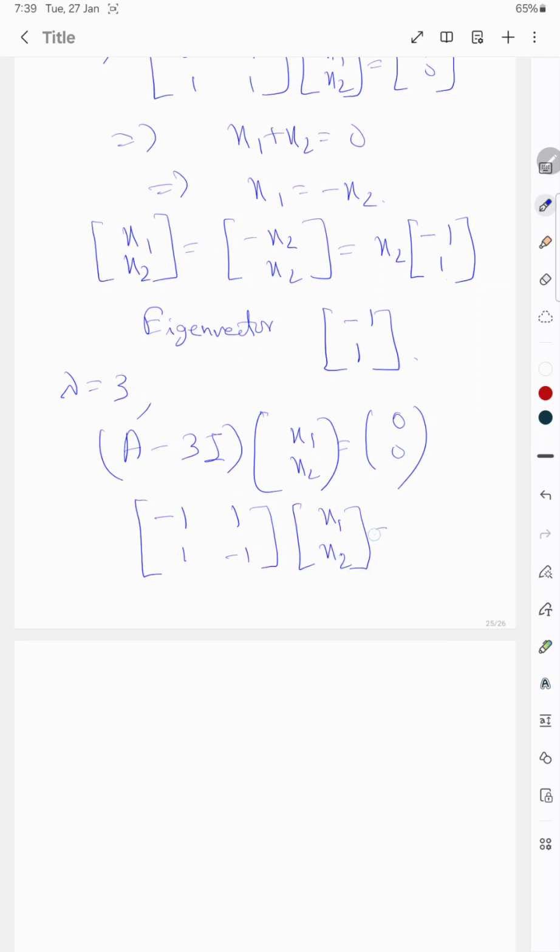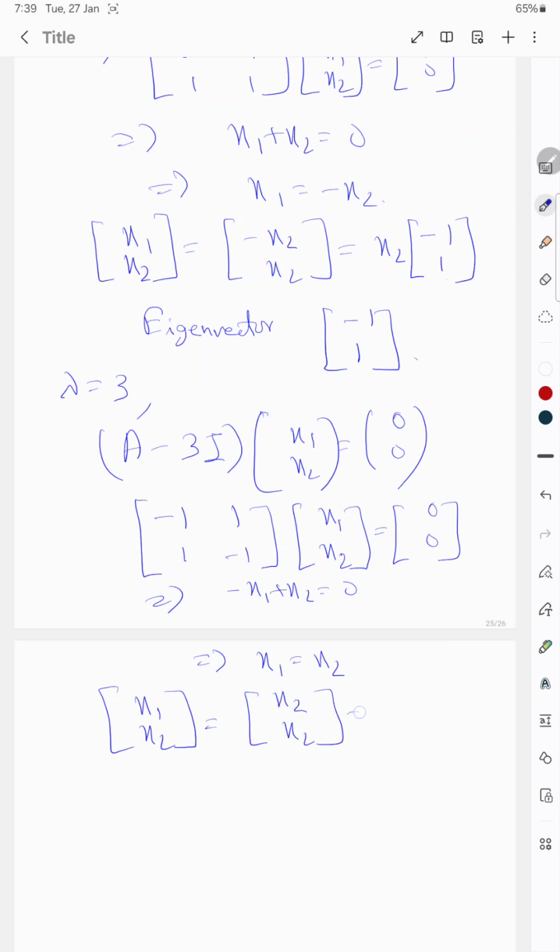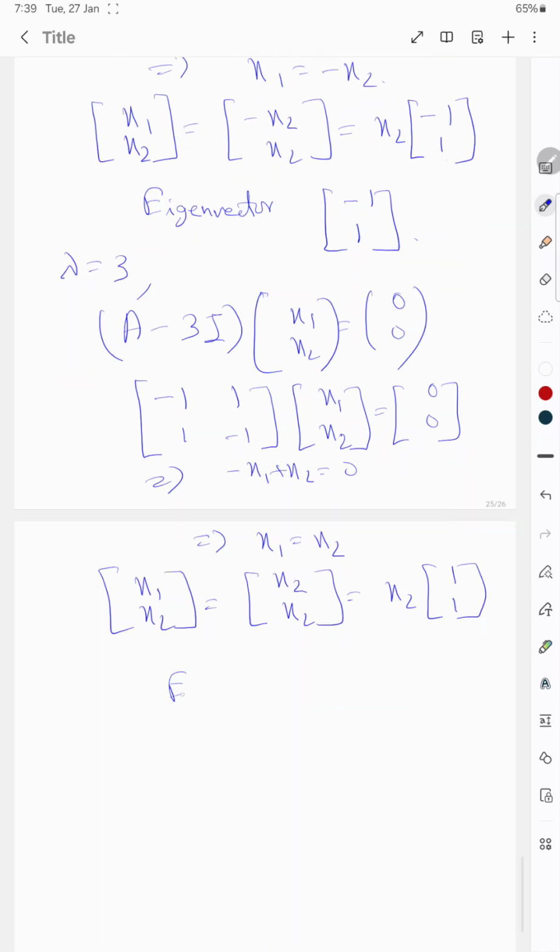Here your relation is not the same, but still from here you are getting two equations: minus x1 plus x2 equal to 0, and the other is x1 minus x2 is 0, but both equations are actually the same, right? If you multiply by minus 1, you get x1 equal to x2. So if you put x2 equal to 1, you get 1 1, so this 1 1 is the eigenvector.